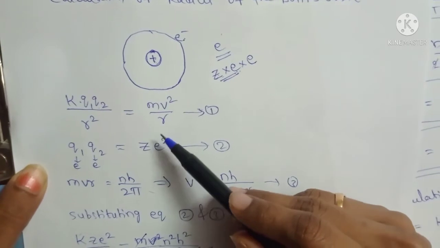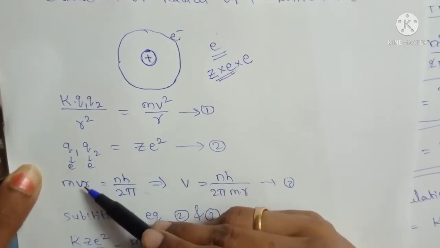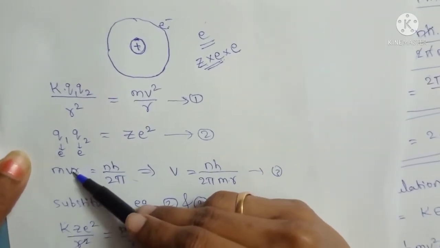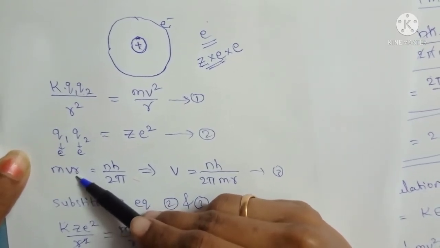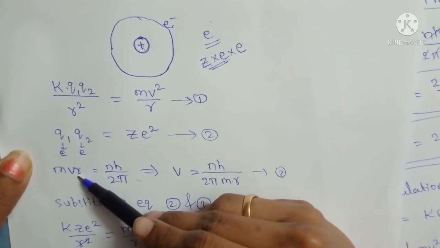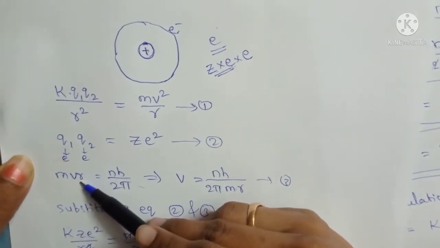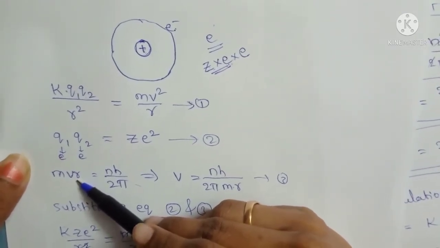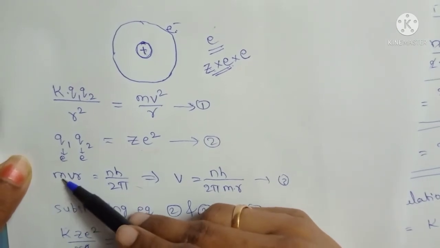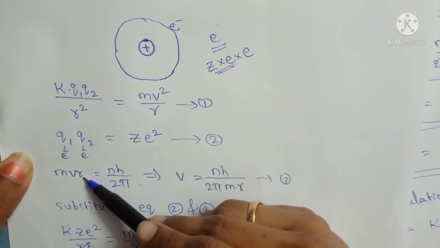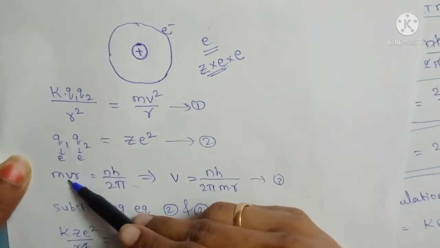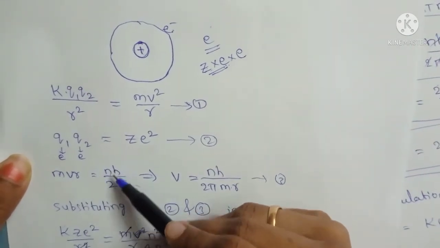Also, we know from Bohr's theory that m v r is equal to n h by 2 pi. This is called the quantization condition of angular momentum of the electron. Angular momentum means mass into velocity, multiplied with the radius. The angular momentum of the electron is an integral multiple of h by 2 pi.